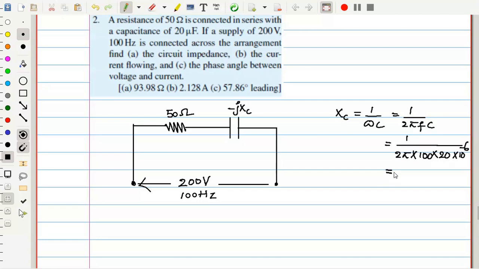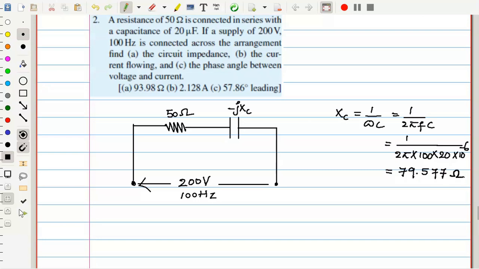How much is Xc? Quickly. 1 divided by 2 pi 100, 20 into 10 power minus 6. 79.577. Is that clear? Everyone got the same thing? 79.577.